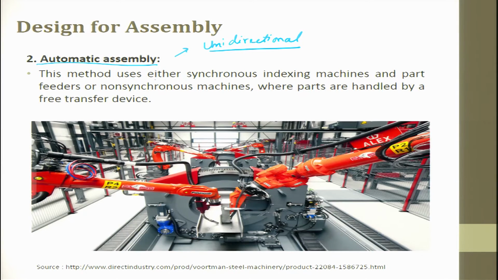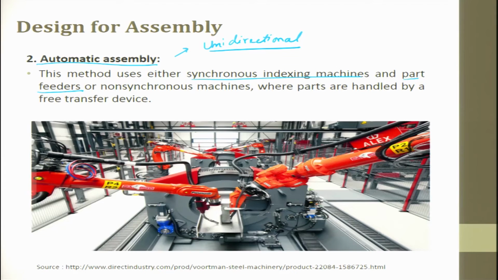This method uses either synchronous indexing machines and part feeders, or non-synchronous machines where parts are handled by a free transfer device. So, synchronous indexing machine means the parts are fed by a feeder. It is not manually fed. So, you might have a chute, in that chute all the parts are loaded.